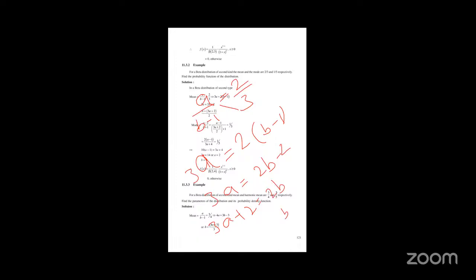So b is equals to what? b is equals to 3a plus 2 by 2. So this is the b we are concluding from this equation. So what we got? We got 3a plus 2 by 2, b.